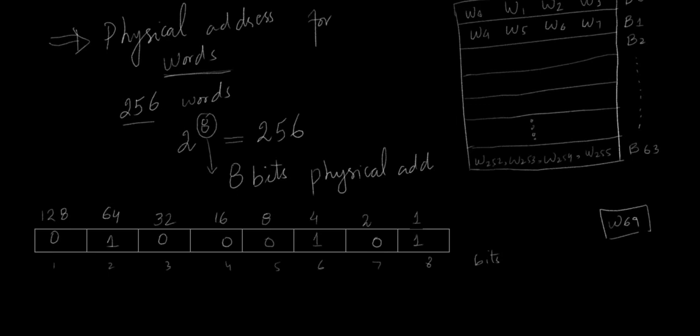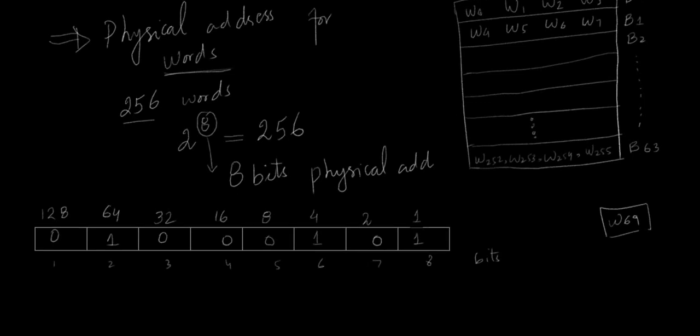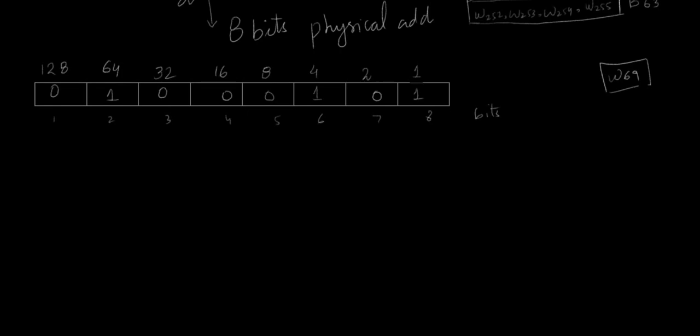If you want to tell me the physical address for word 69, I'm just going to write it down like this. You have to do the proper addressing. The word 69's physical address is 01000101.